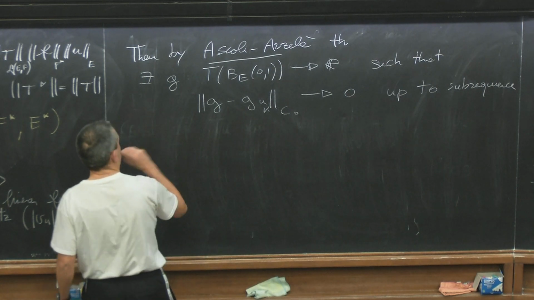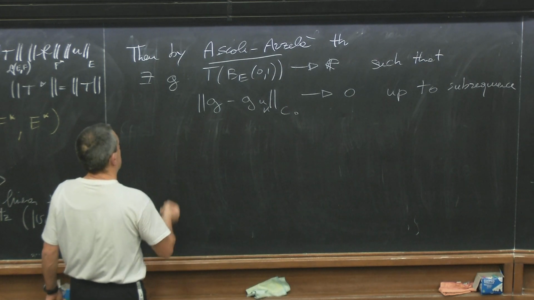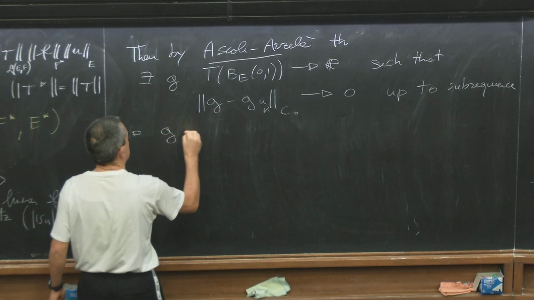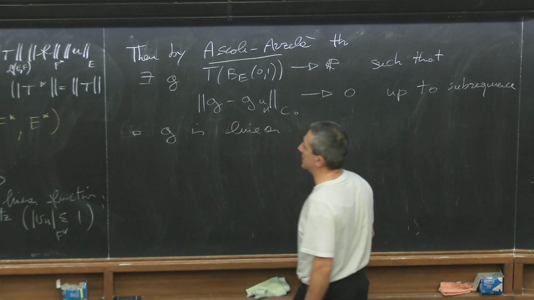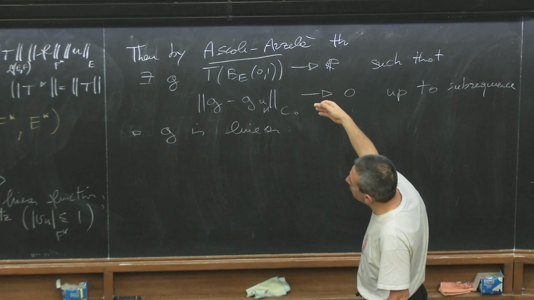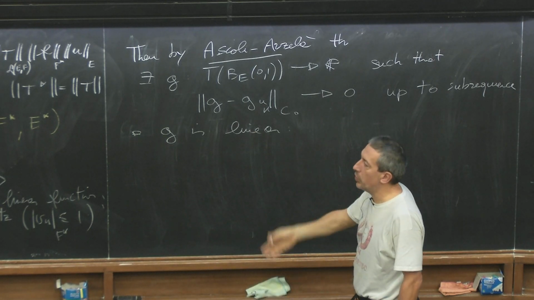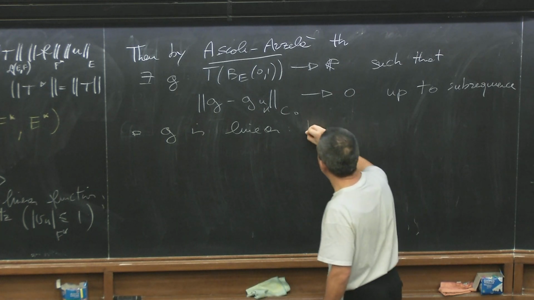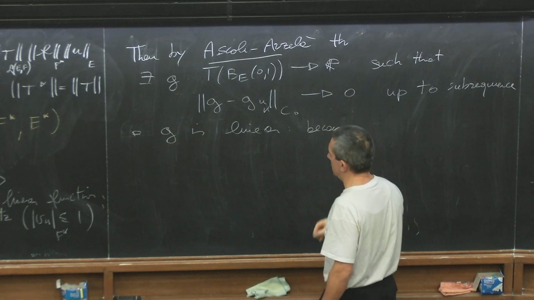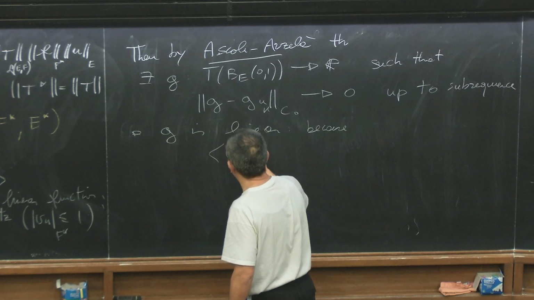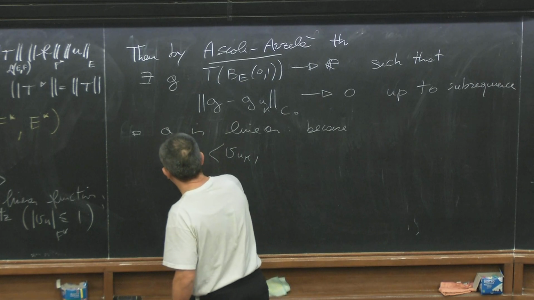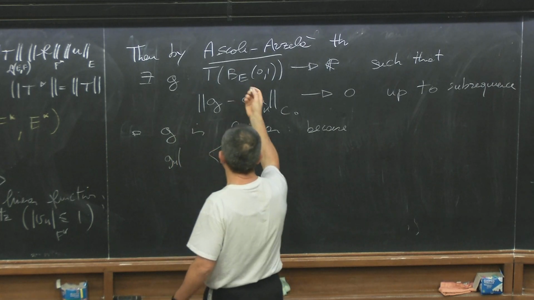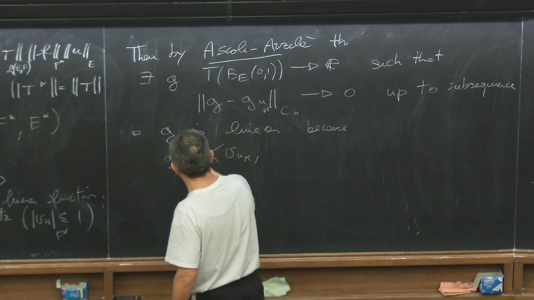So first of all, I say that G is linear. Why is that so? Because uniform convergence implies pointwise convergence.